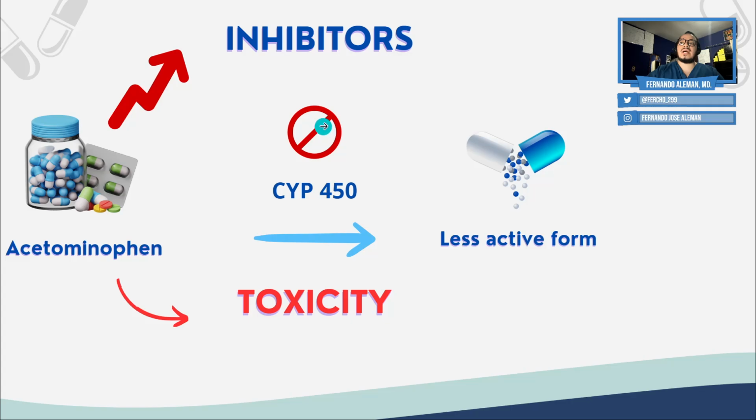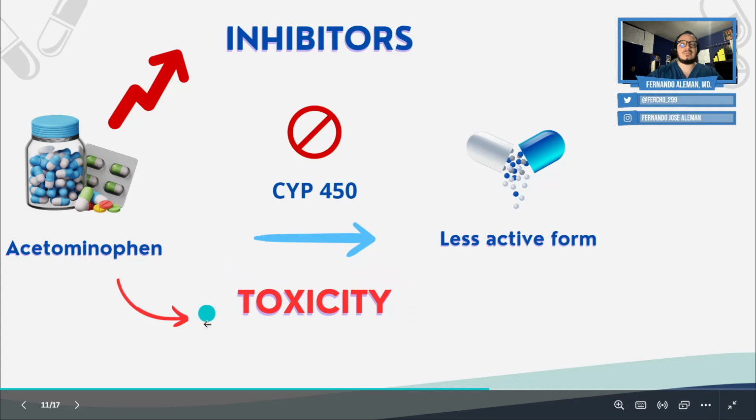But what happens if we add an inhibitor of the enzyme? This inhibitor will inhibit the acetaminophen metabolism, and that will lead to a buildup of the drug, and this translates to toxicity.